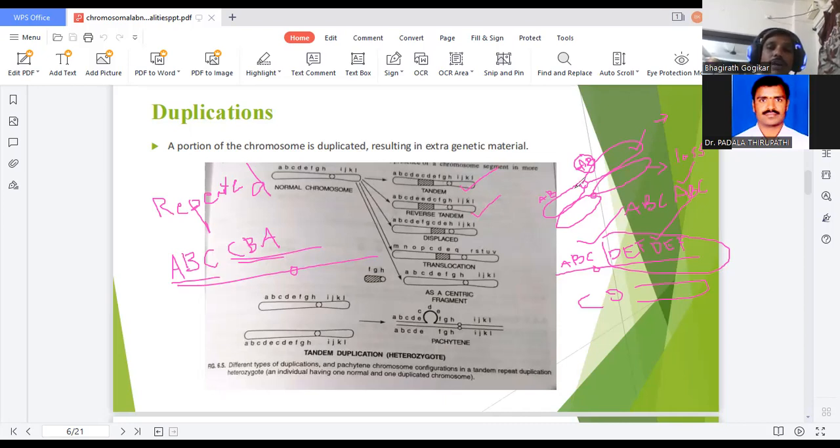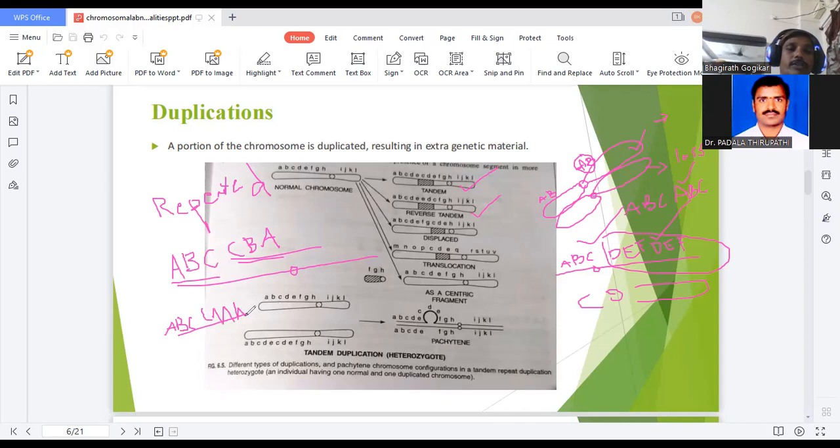If a block of genes is received by a non-homologous chromosome, that is called displaced duplication. Displaced means the repeated block of genes is received by a non-homologous chromosome.